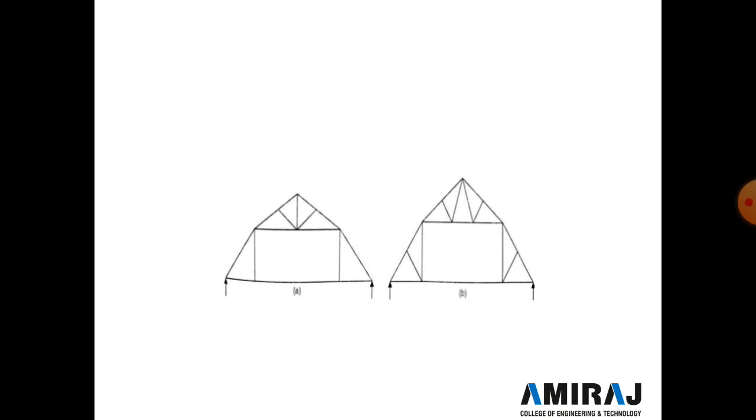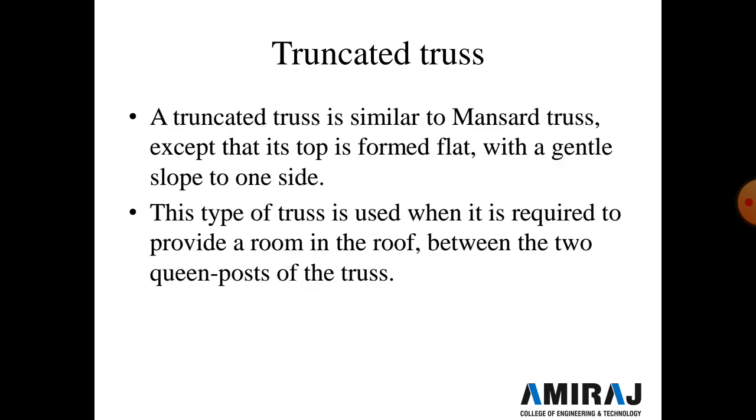It looks like a combination of the king post and queen post trusses. Here two vertical queen posts are provided, and above the queen posts and at the side of the queen posts, a king post is provided.